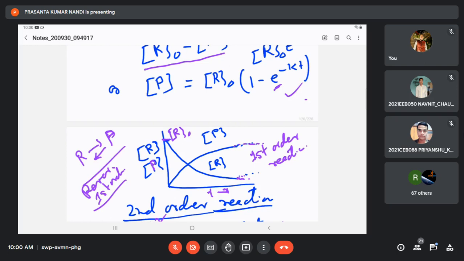That means if we allow a long time, this reaction would attain an equilibrium state. That is, the product concentration can never reach R0, or the reactant concentration can never go to 0. So this will be the fate of equilibrium, as you know.